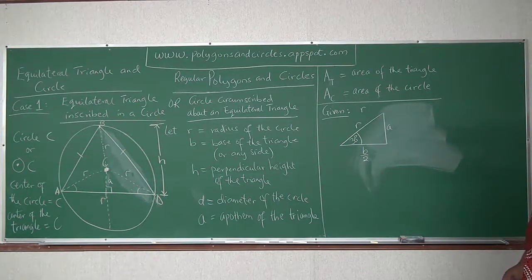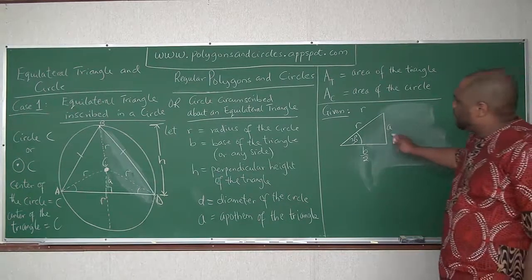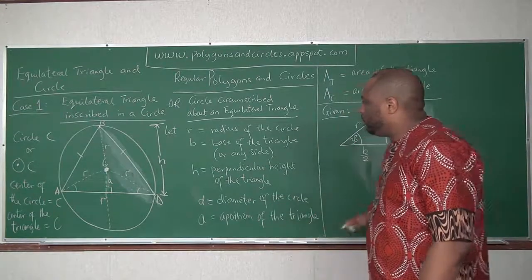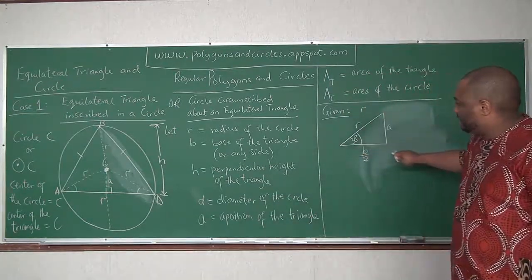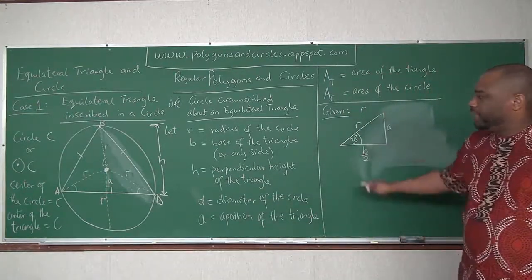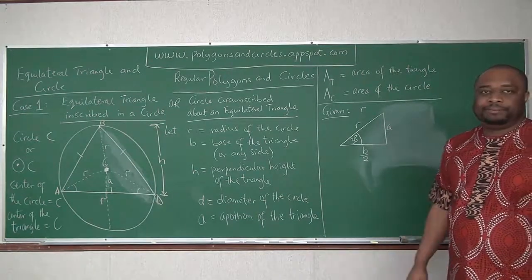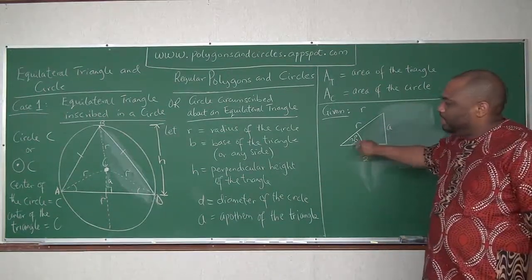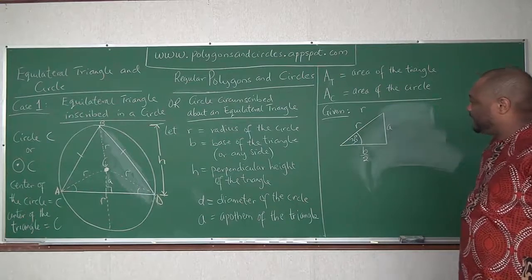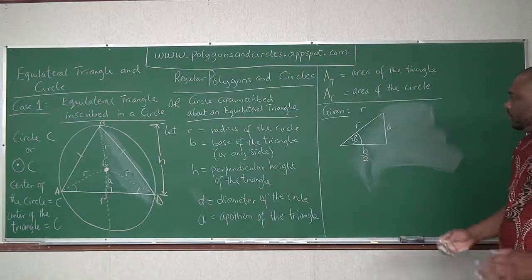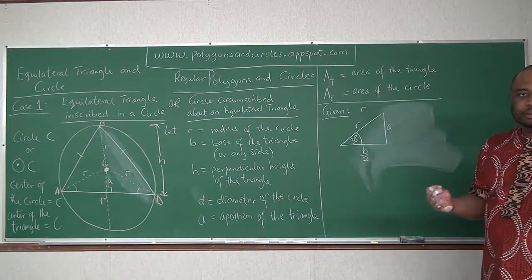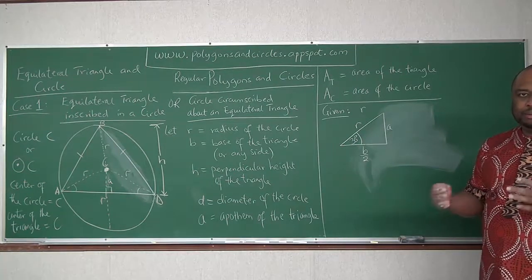So just take a look at that for a moment, okay? You have this as the apothem, this as B over 2, half of the base. This angle is 30 degrees, and this is the radius of the circle. So from here we can find our relationship.